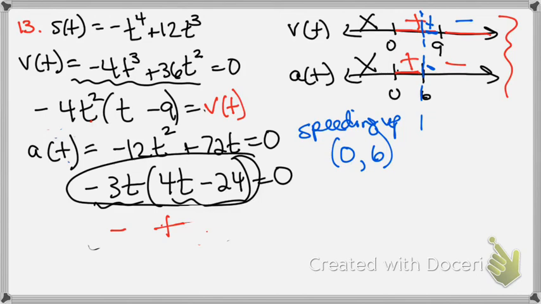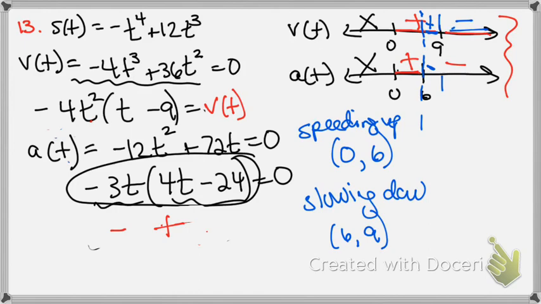Signs are different, that's slowing down. So between 6 and 9, you're slowing down. Then after the 9, we have a negative and another negative. Signs are the same, speeding up again. So from 9 to infinity, you're speeding up. Okay, maybe you can find a neater way of merging these two sign charts. Good luck. Hope you're doing well.